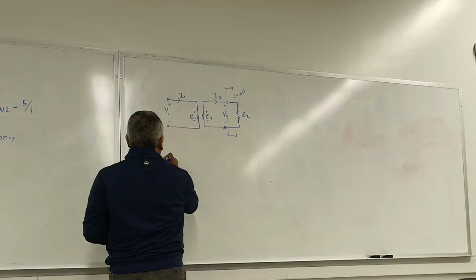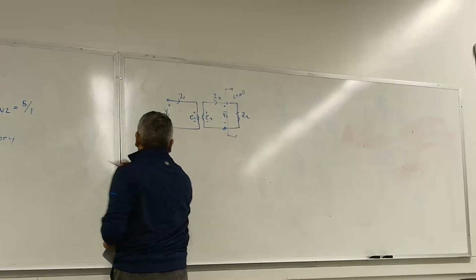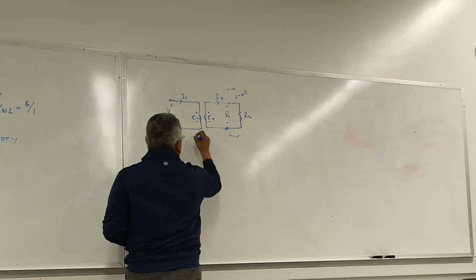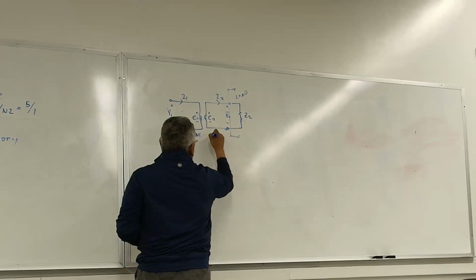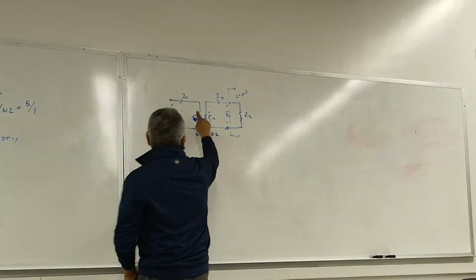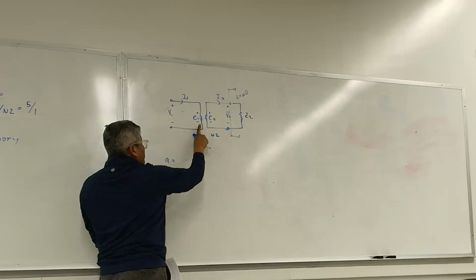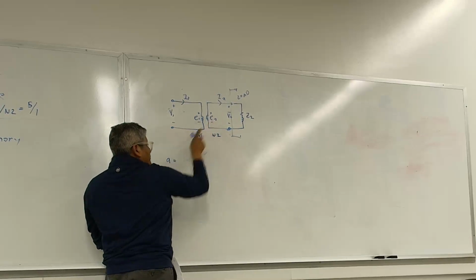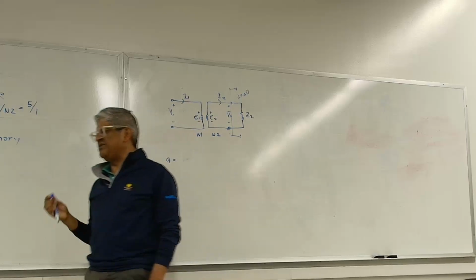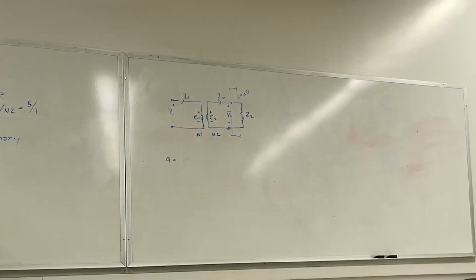First we have to find the turns ratio of the transformer, which we already have. It is a 5. I'm going to put N1 and N2. What this means, once again, is there are 5 turns of copper on the primary for every 1 turn of copper on the secondary. Remember we talked about that and I said, well, does it mean that it's only 5 and 1? Not necessarily.